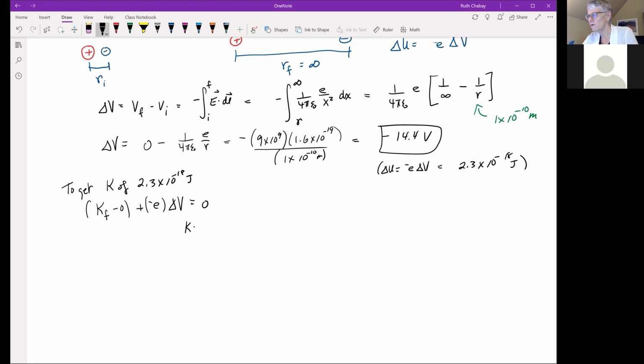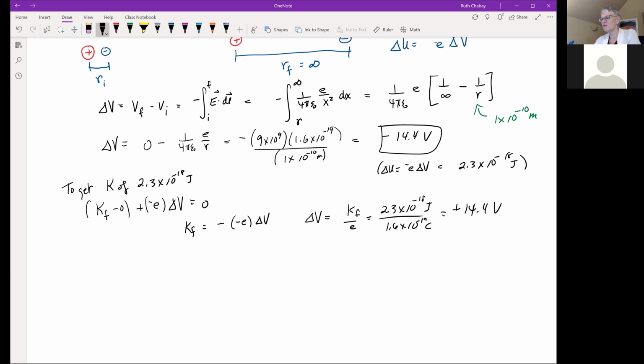So K final is minus E delta V. And so delta V is going to be K final over E. And that gives us 2.3 times 10 to the minus 18 joules divided by 1.6 times 10 to the minus 19 coulombs, or a plus 14.4 volts. So the electron must be accelerated through a potential difference of 14.4 volts.